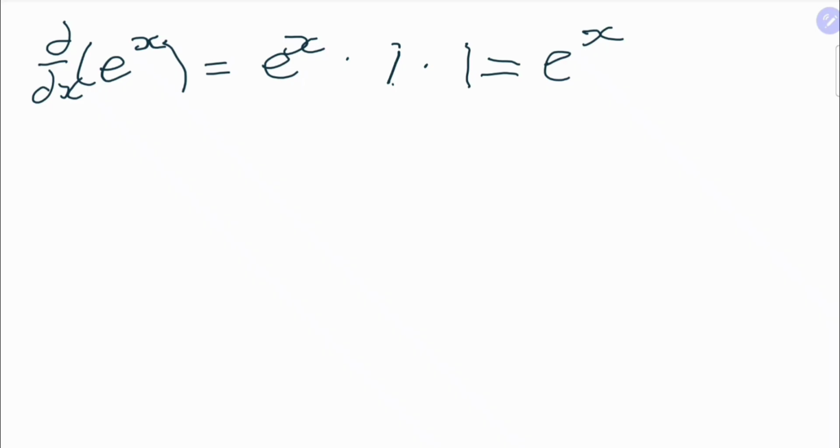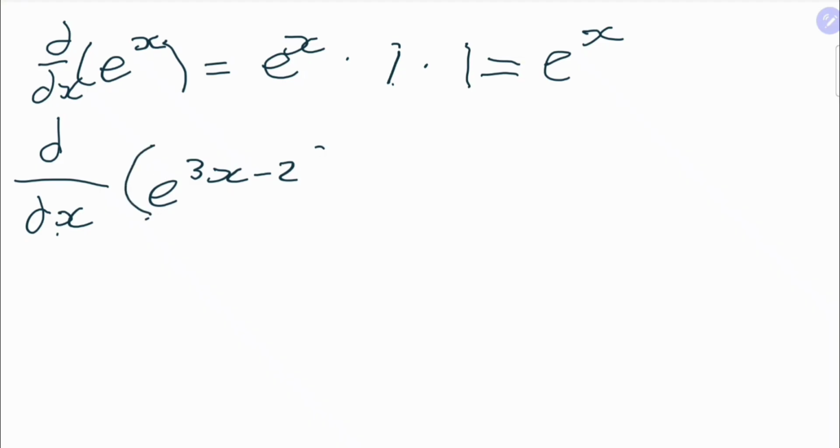Okay, now let's move on to one that's a little bit harder. Let's try the derivative of e to the 3x minus 2. Try and do it yourself first.